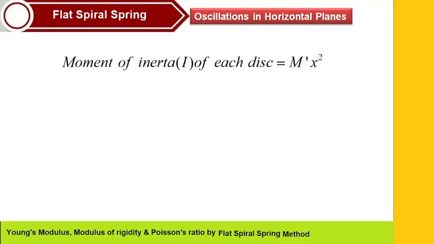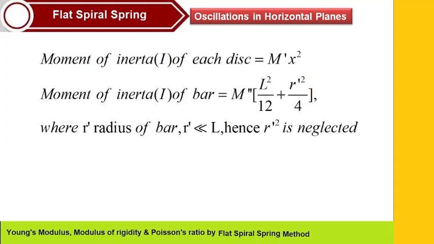Moment of inertia of each disc is equal to m dash x square. Moment of inertia of a bar is equal to m double dash into bracket capital L square divided by 12 plus small r dash square divided by 4, where small r dash is the radius of the bar, and it is very small as compared to capital L, the length of the bar.